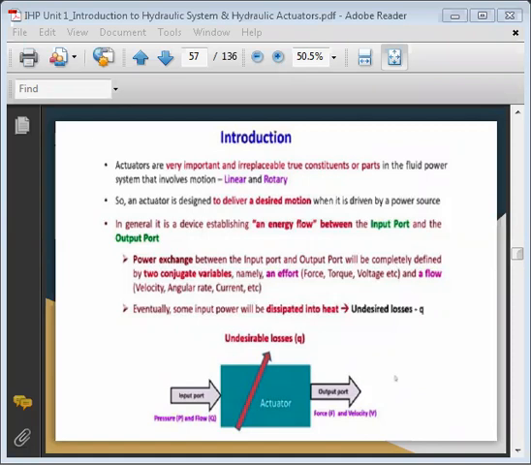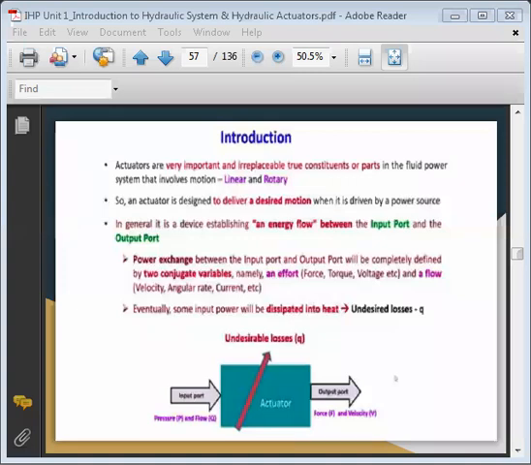To represent the actuator input and output, I have shown this schematic diagram. The actuator converts one form of energy, that means hydraulic energy, which is your input. You will get hydraulic energy at the input port, and that will convert into another form of energy, that means mechanical energy.